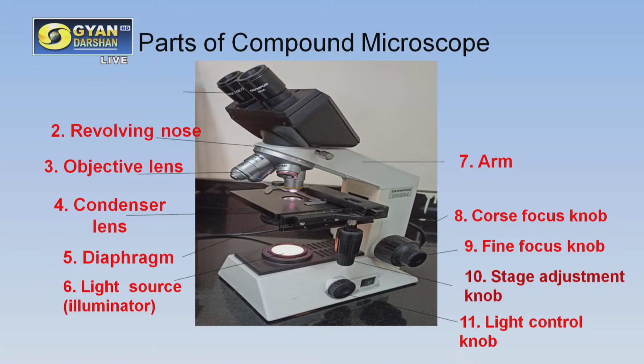First is the eyepiece. The eyepiece is fitted to the top of the microscope, and then the revolving nosepiece, which is used for the movement of the optical lenses. Under the revolving nosepiece there are objective lenses, three to four of them, and then the condenser lens, which condenses the light, and the diaphragm, which increases or decreases the intensity of the light.